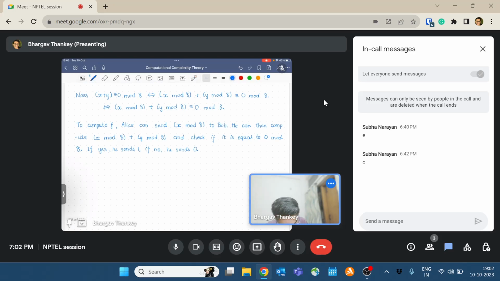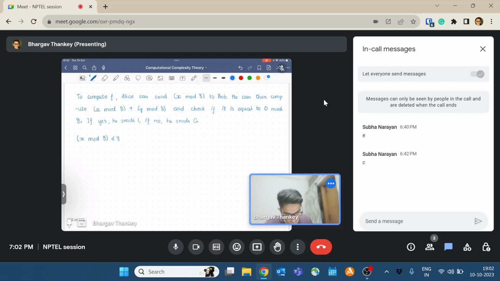x mod 8 is going to be less than 8, right? So it's going to be a number between 0 and 7, both included, and any number between 0 and 7 can be written using at most 3 bits.